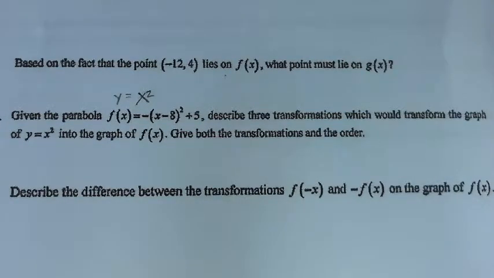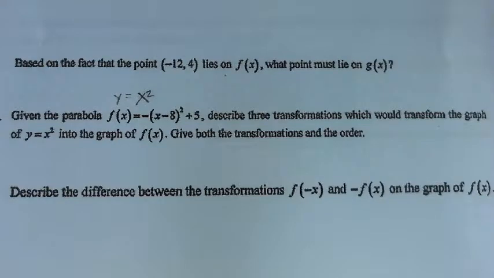What would come first, McKenna? Not yet. Not yet. Someone help her out and tell her why. Mason? Go right 8. Okay, now how did you know that that right 8 came first?